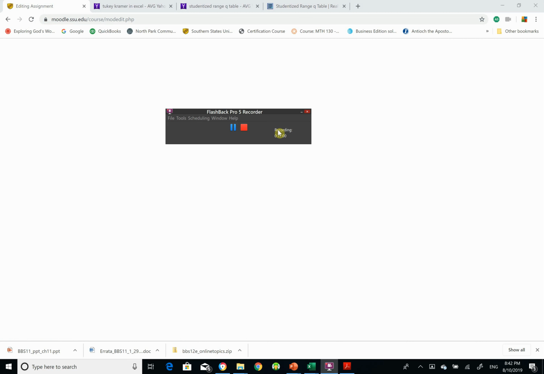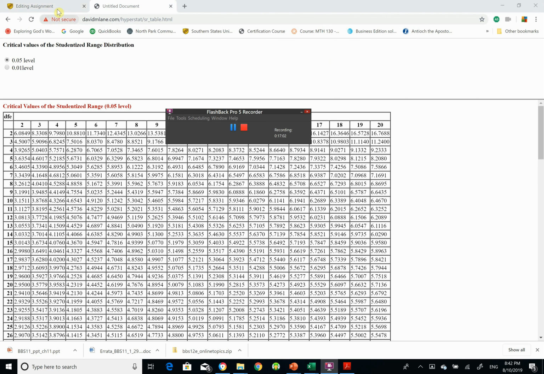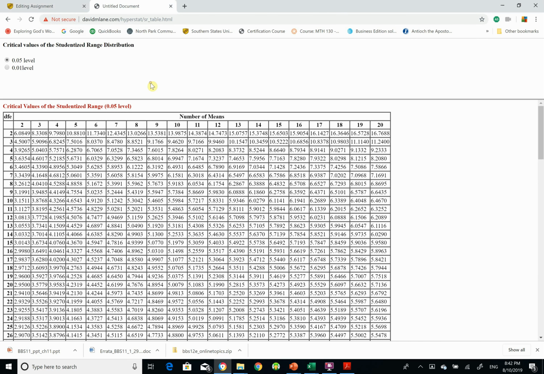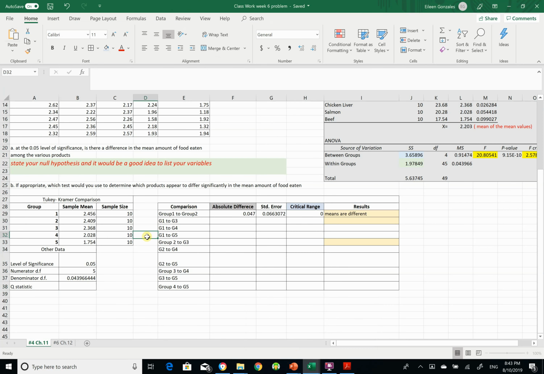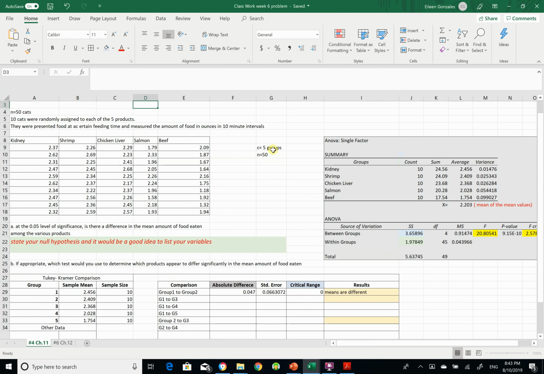We have 0.05 level of significance according to our spreadsheet here. We have 5 groups and 50 sample size.